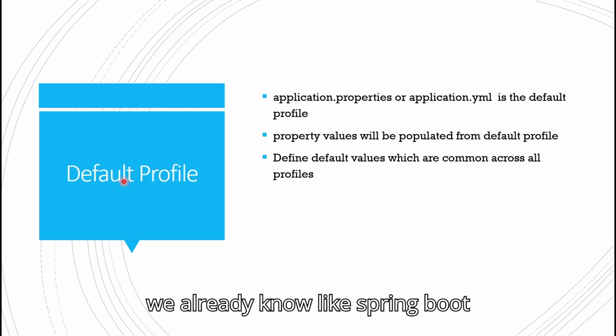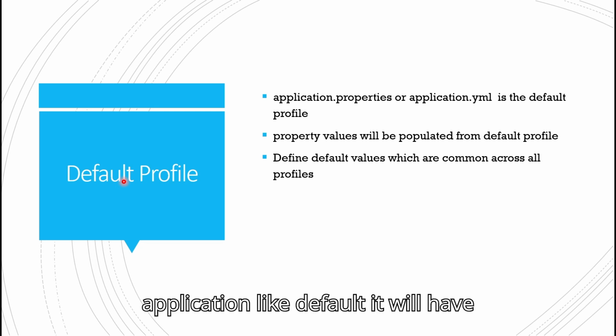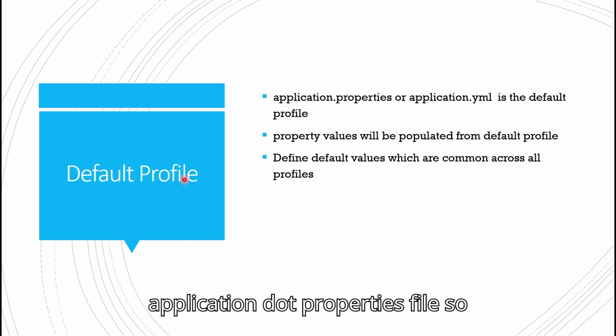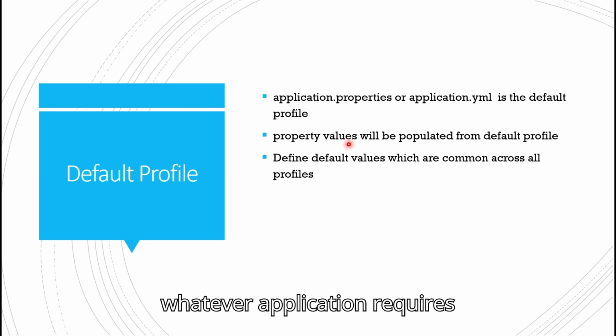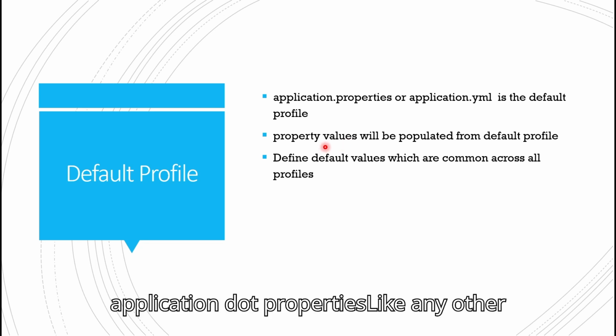We already know a Spring Boot application by default will have an application.properties file. That one is the default profile. Whatever the application requires with all the default values, we can configure in application.properties.